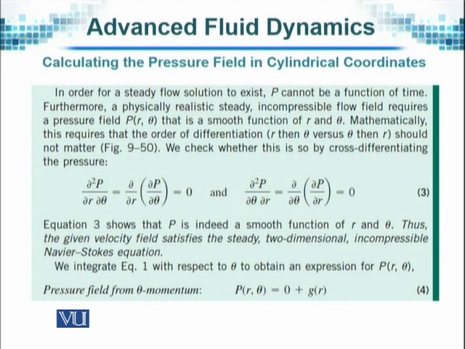So when we integrate with respect to theta, I will have P of r, equal to 0 plus some constant of integration, and because this is a motion in two variables, as a rule of differentiation and integration, we write the constant of integration as g of r, because there is a possibility that it depends on r. If it comes to an absolute constant, well, that will make our life easier.